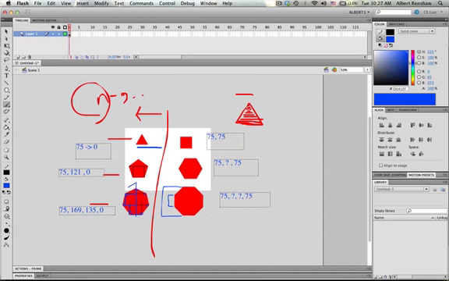Anyways, I've split the n-gons. On the left side we have our odd numbered, so 3, 5, this is just the number of sides, 3 sides, 5 sides, 7 sides, and here we have 4, 6, and 8. So the base length on all these is 75.